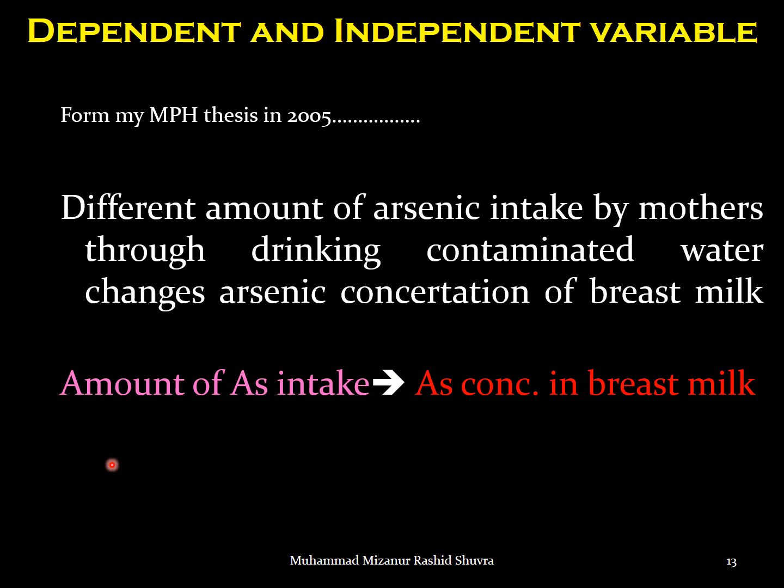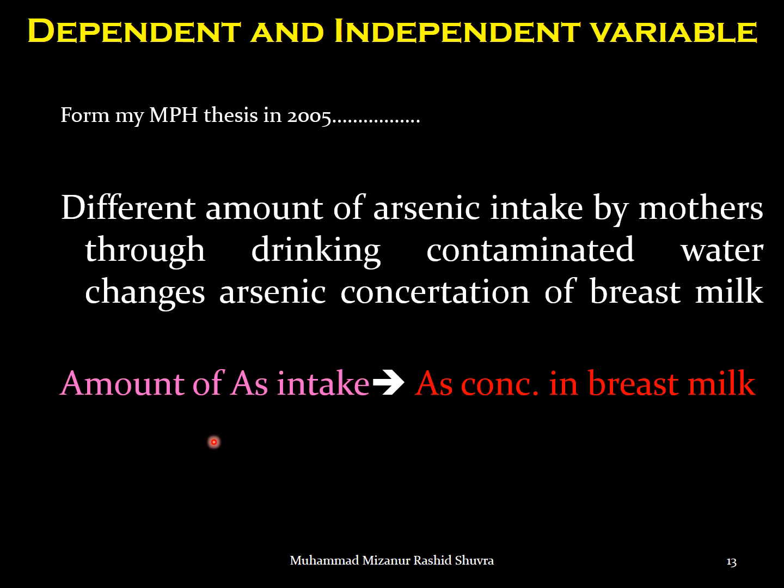So we have two things here: amount of arsenic intake, and that is resulting, well, that's my hypothesis. Remember, we talked about hypothesis the other day, that between arsenic intake and arsenic concentration in breast milk there is a relationship. That's what I'm assuming. So the amount of arsenic intake should be causing the breast milk arsenic concentration change.